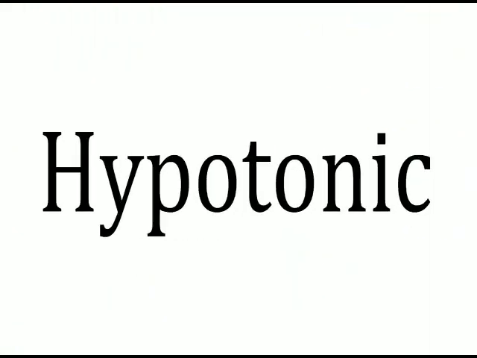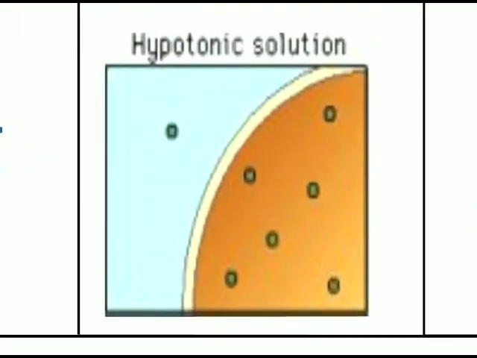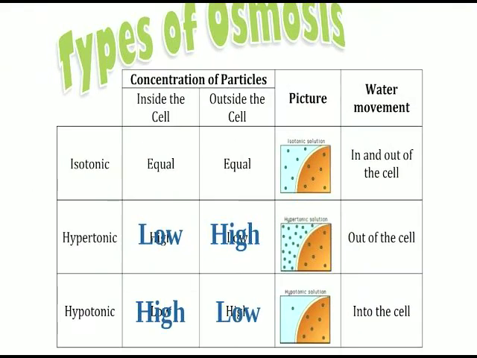The last kind of osmosis is osmosis in a hypotonic solution. Hypotonic solutions have very little solute on the outside of the cell and more solute on the inside of the cell. So we have a high concentration of salt inside the cell and a low concentration on the outside. And if this is the case, the cell is going to do the opposite as it did in the hypertonic situation.